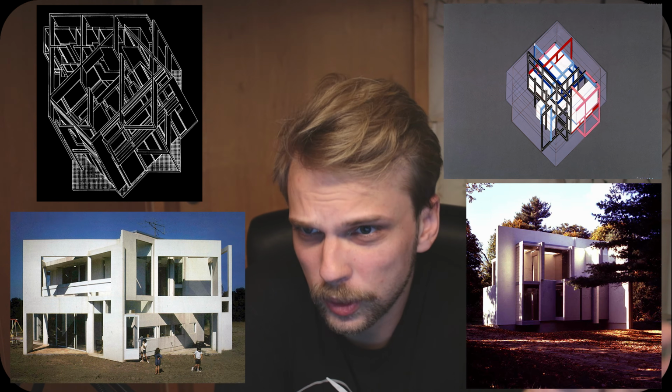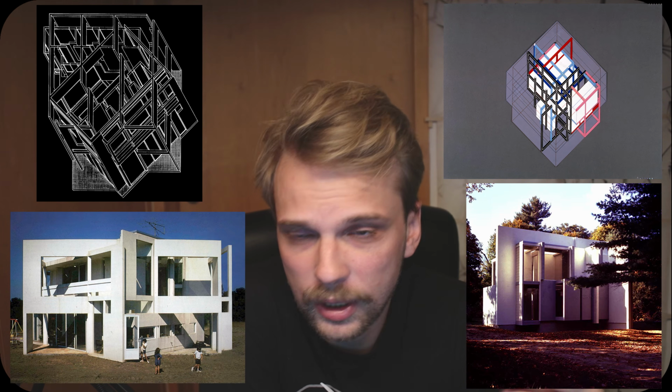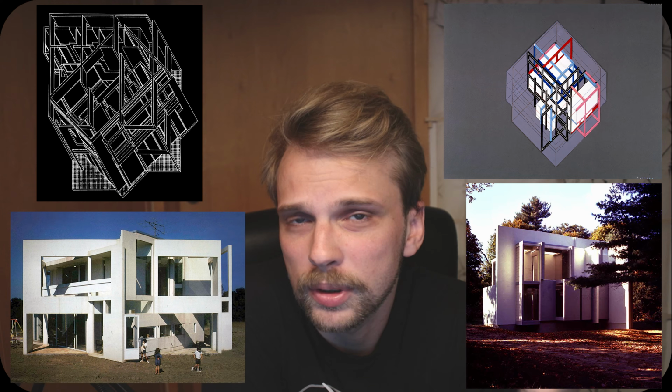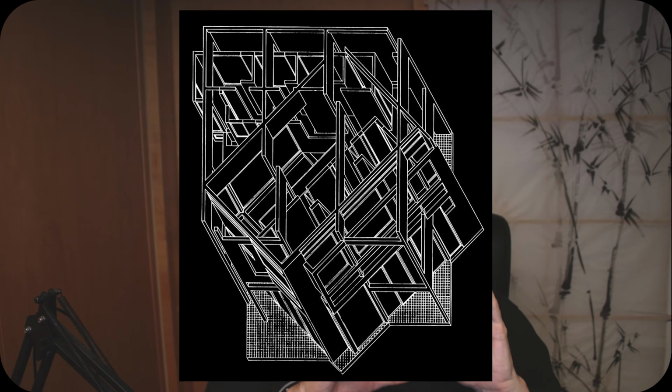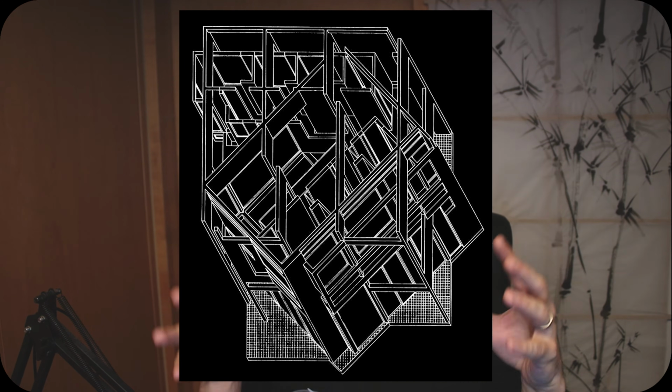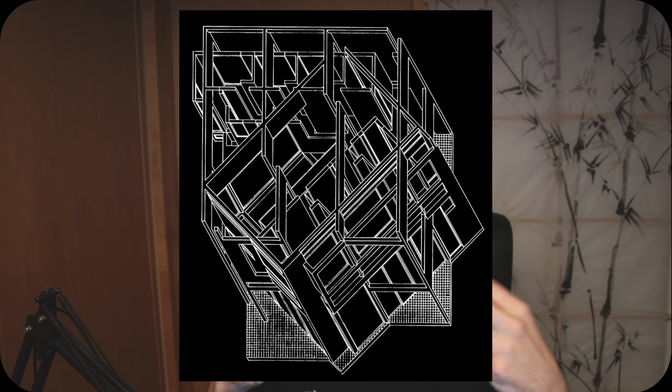Both of these houses were built in the early 70s in the USA and both share the same principle that I absolutely love. Taking two grids, or in other words systems, and overlapping them to find this kind of a third system hidden within this overlap. Do you know those cool shimmering Moiré patterns?